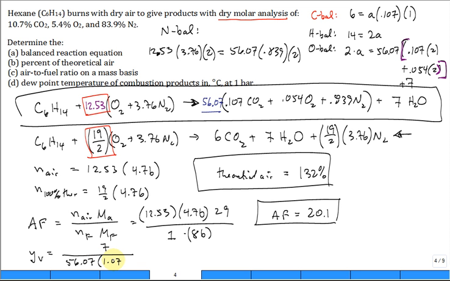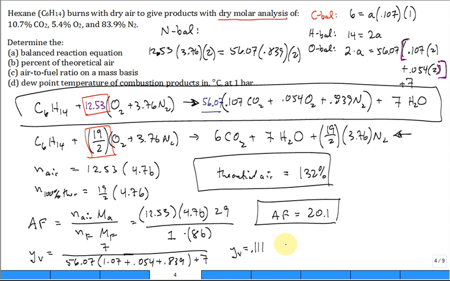That'll give you the number of moles of CO2. Add that. That'll be the number of moles of CO2 and O2. The number of moles of CO2, O2, and N2 added with the 7 from the vapor. So that gives me the total, in the denominator, total number of moles or kilomoles. So the mole fraction of vapor is right at 11.1%.